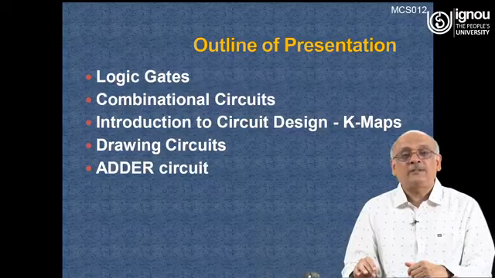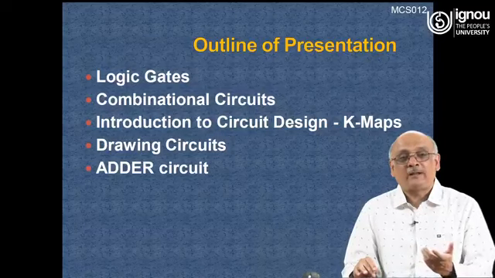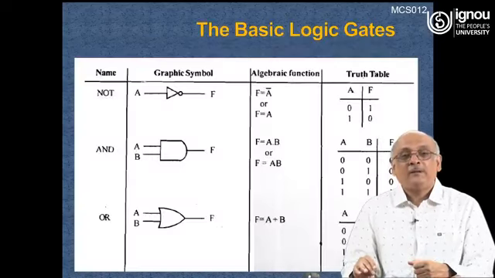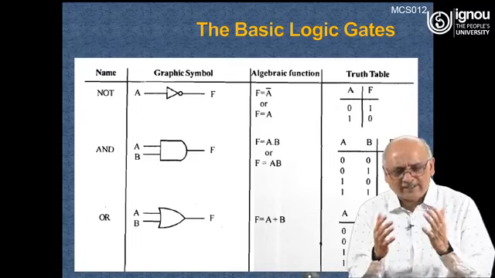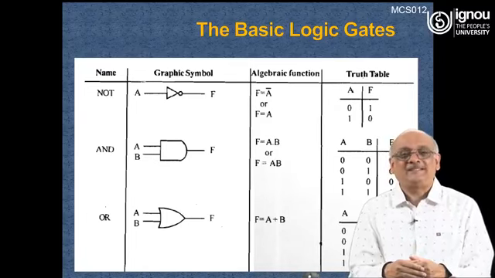This is what I would like to discuss with you in a short span of around an hour or so. Now let's start by thinking about why we need combinational circuits.